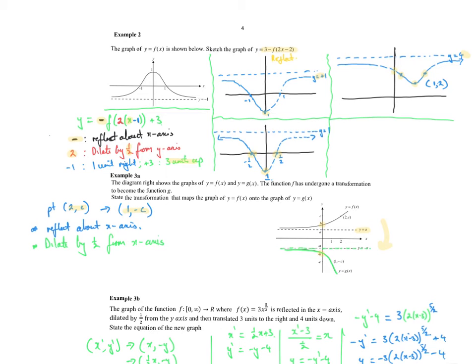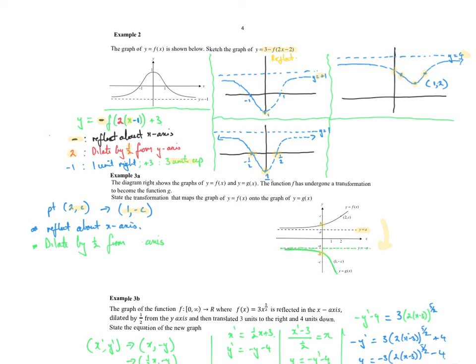So what does that mean? Well, the x value has been multiplied by a half. Oh, that looks like an error there, doesn't it? Let's just check that. So the y value has been multiplied by negative 1. So that's certainly a reflection about the x-axis.